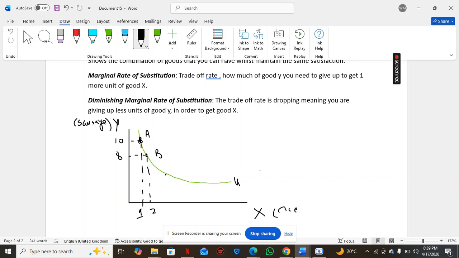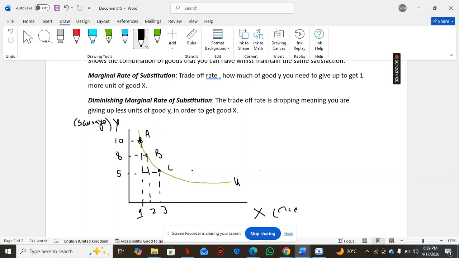All right. Then let's say you have point C here, 5 sausages and 3 bags of rice.